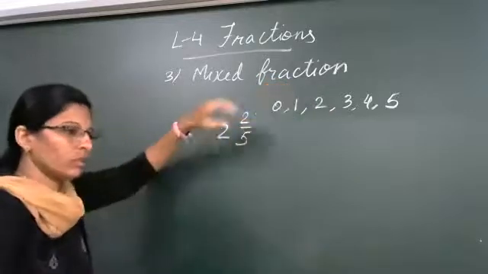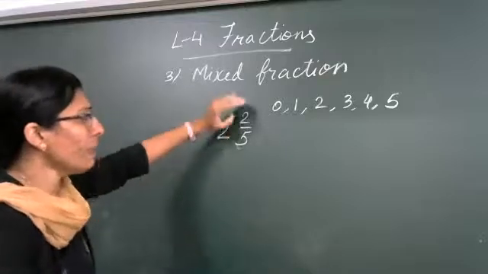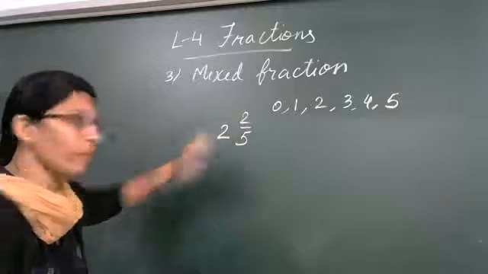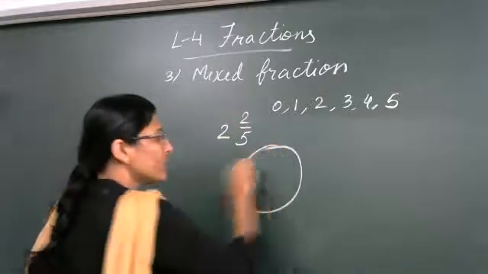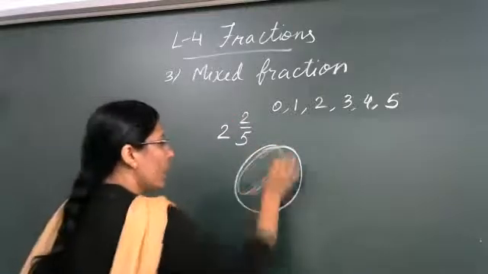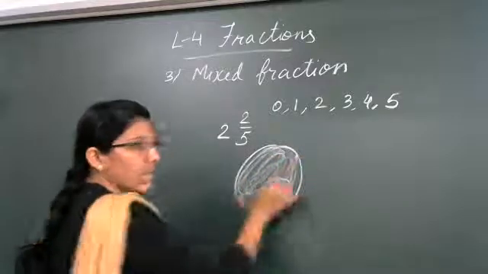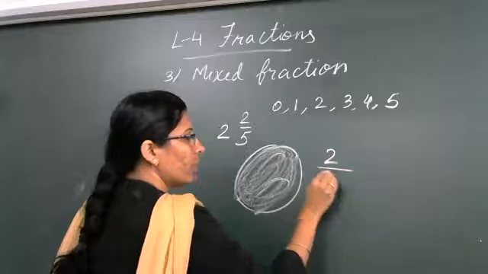Ma'am, we don't understand mixed fraction. Mixed fraction is a mixture of a whole number and a proper fraction. Now for example, this is a whole, one full circle. One full pizza if you take. One pizza and two parts of a pizza.